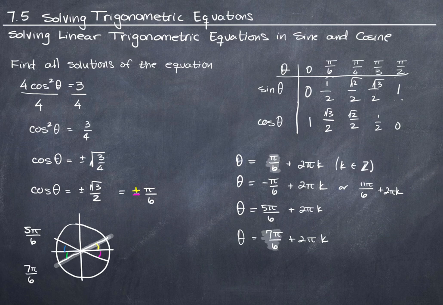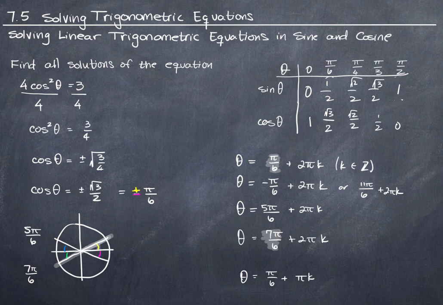So instead of writing this as pi over 6 plus 2 pi k and 7 pi over 6 plus 2 pi k, I can write this as theta equals pi over 6 plus 1 pi k. Because to get all the solutions, I can go to the first one and then just go around pi and add pi and add pi and add pi, and I can do that forever. So this is a more compact way to get those solutions.